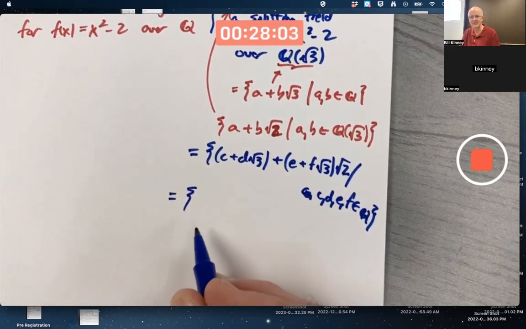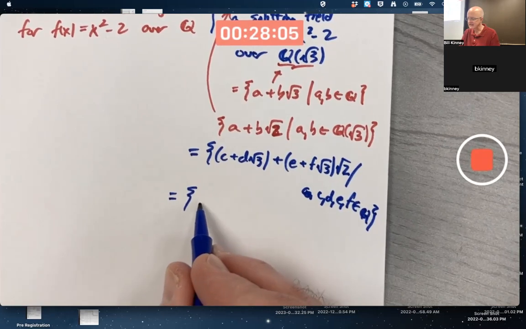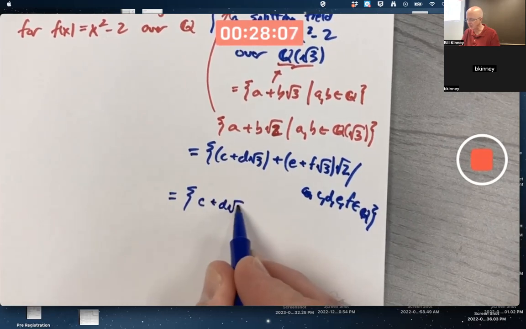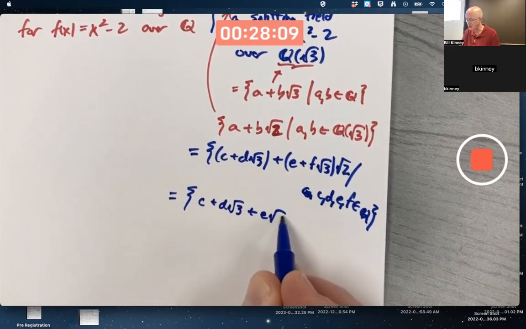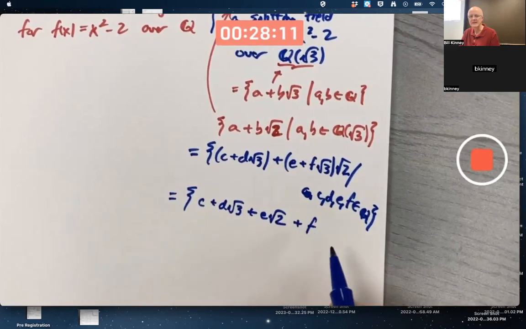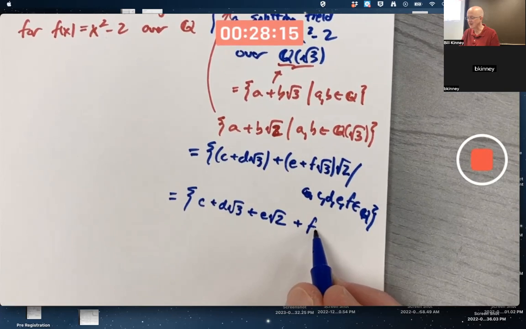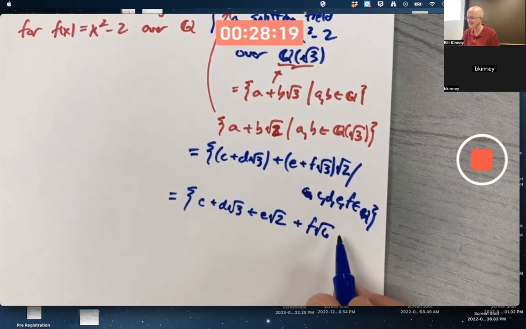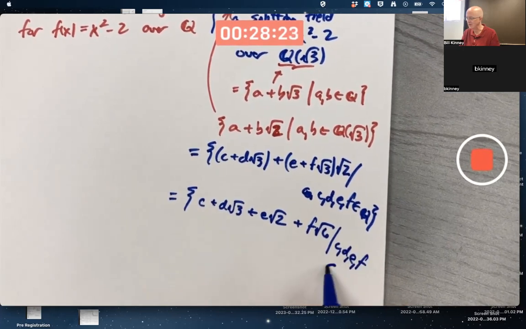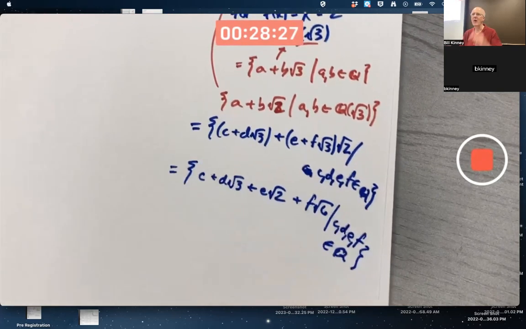You could say this is the set of all numbers of the form C plus D square root of 3 plus E square root of 2 plus F square root of 3 times square root of 2? Yeah, square root of 6. As C, D, E, and F vary over the rationals. Whoa, it's getting complicated.